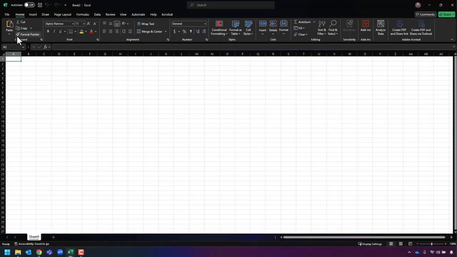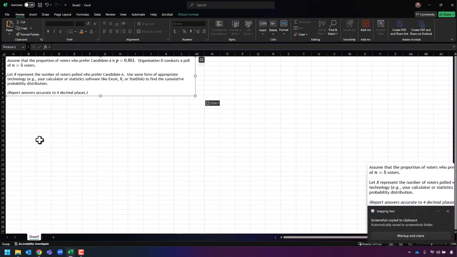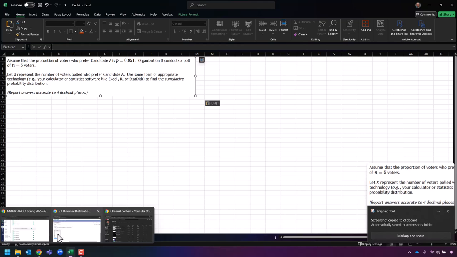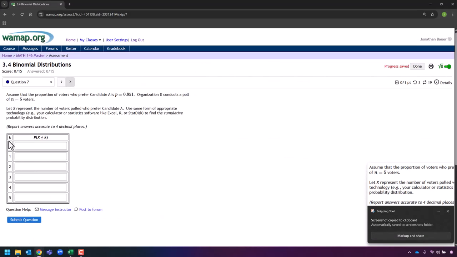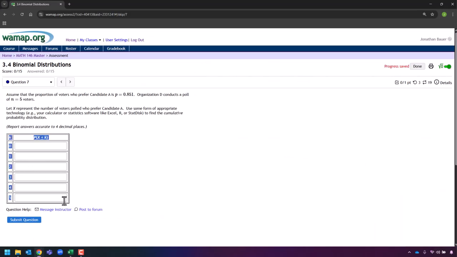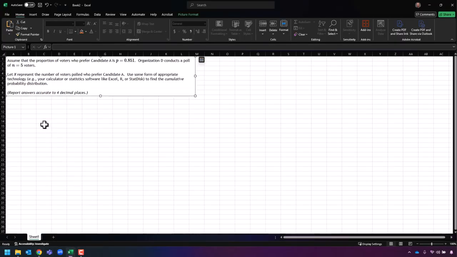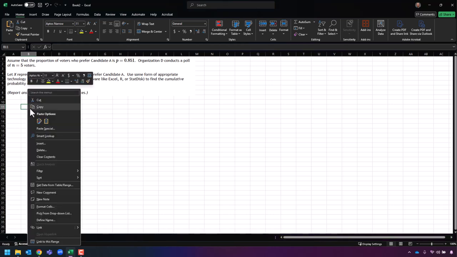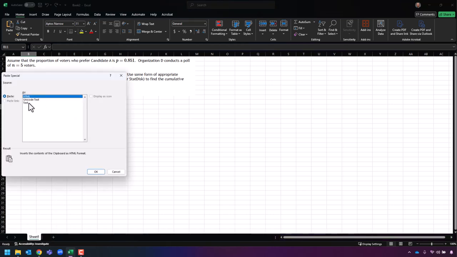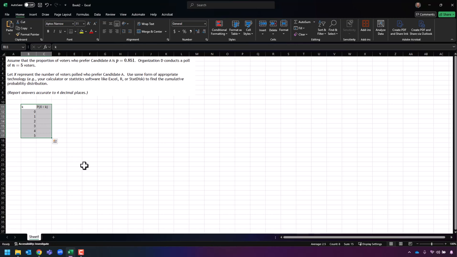So I'm going to pop over to Excel here, paste this in, and then I'm going to see if I can't steal this table here. This may or may not work because it has answers in there. We'll see what happens when I try to paste it here. Again, I'll try to paste special, try to demo that, see how it shakes out, and we get something like this. Okay, so this works.